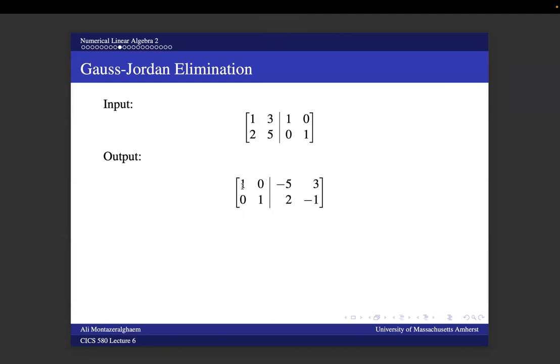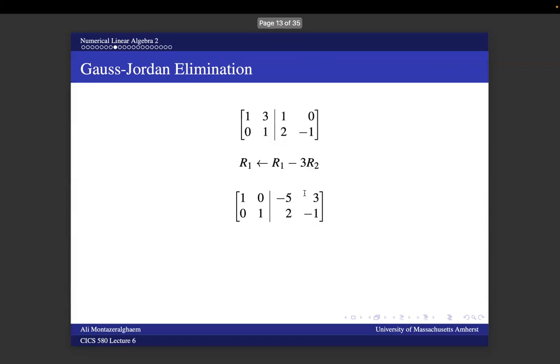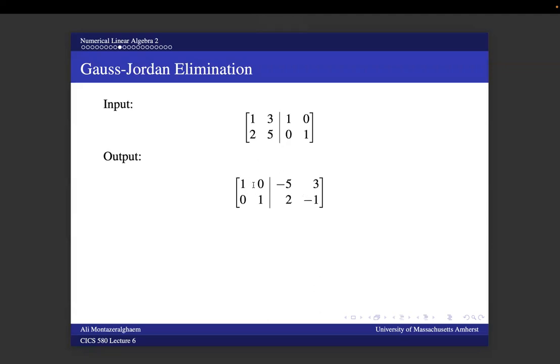And the output is the identity matrix in the left side, and the inverse of the matrix in the right side, right? As I mentioned here.